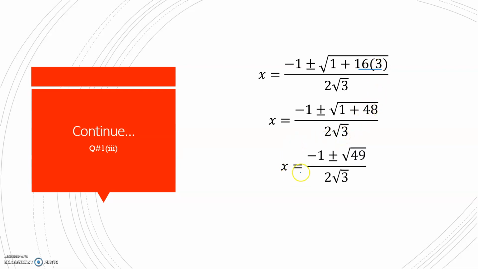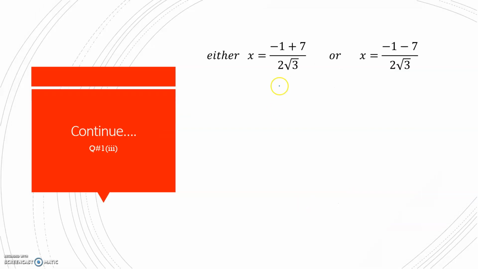After simplifying, we will get x is equal to minus 1 plus minus square root of 49 over 2 into square root of 3. And you can see that square root of 49 can be written as 7. So x is equal to minus 1 plus minus 7 over 2 into square root of 3.